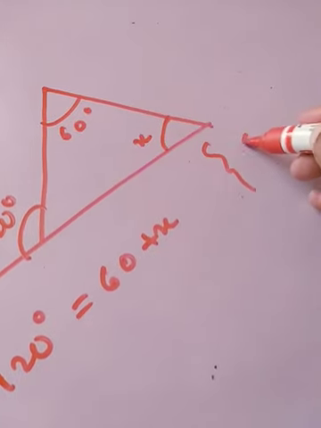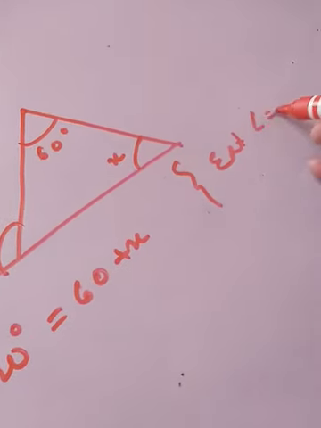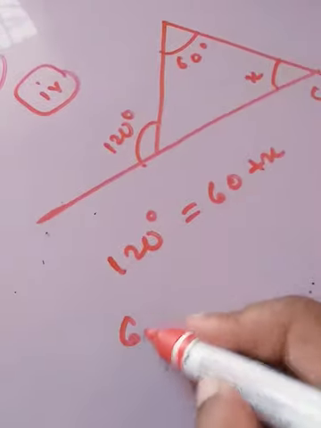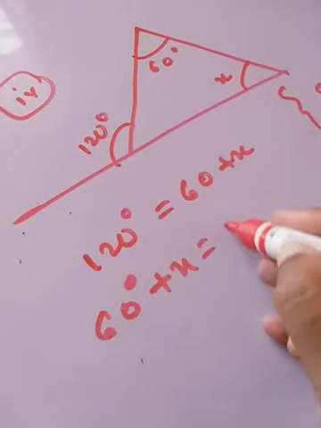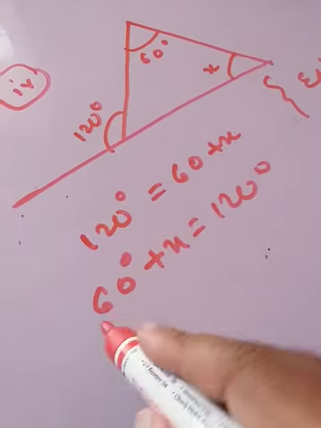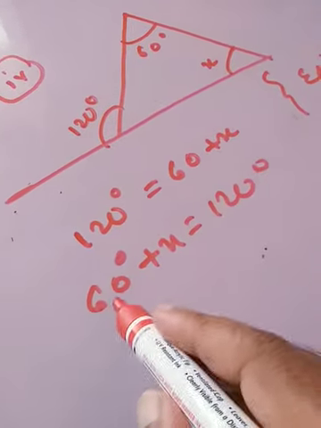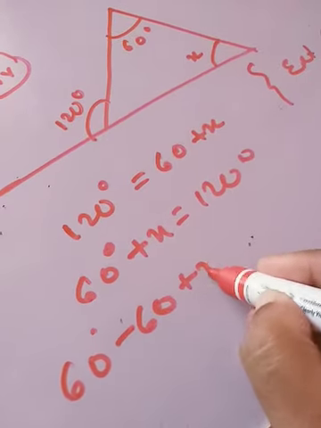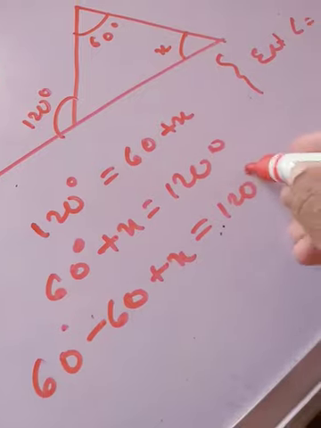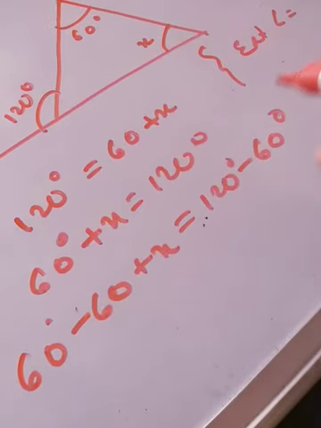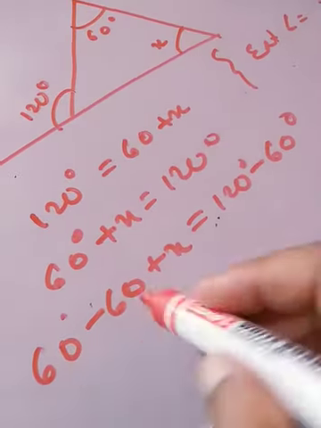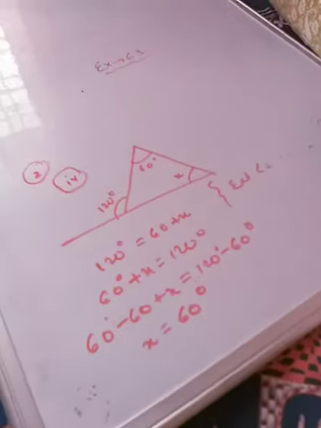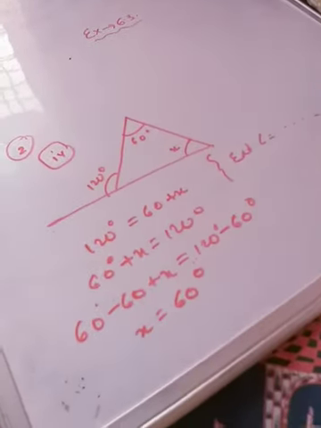Again you will give the reason, that is exterior angle equals the sum of opposite interior angles; you know what you exactly have to write. Now this could be written as 60 degrees plus x equals 120 degrees. Now we have to eliminate this 60 degrees. For that we have to subtract 60 on the left hand side, and the same thing on the right hand side. So this 60 will be cancelled, so x equals 60 degrees. So this is the solution of sum number 4.